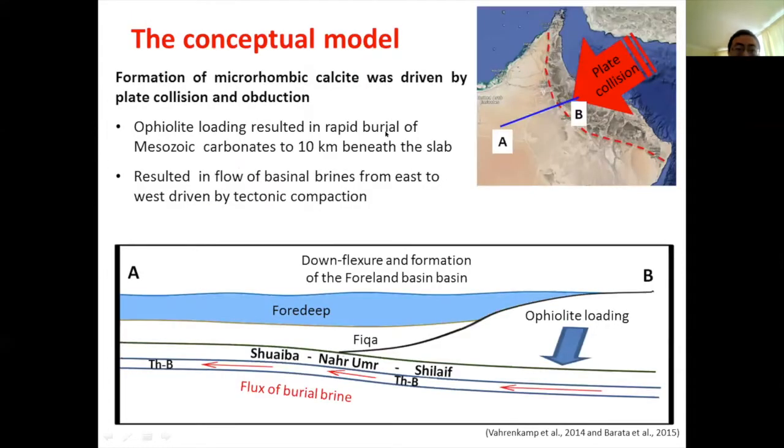Our hypothesis links the microrhombic calcite to the plate collision and obduction. During ophiolite loading, the rapid burial of the Mesozoic carbonate to 10 kilometers beneath the slab could cause the flow of basinal brine from east to west, driven by tectonic compaction.